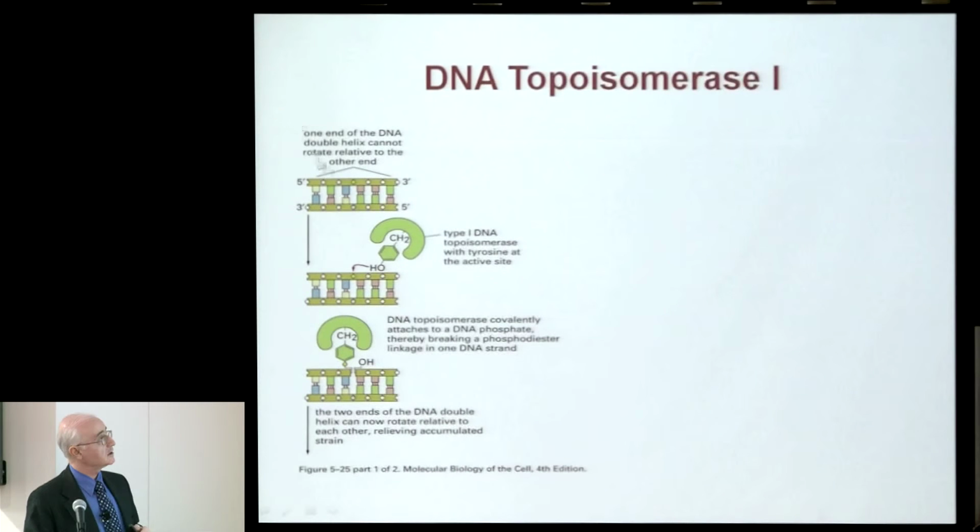And the way it works is very, very simple. This is a normal single-strand DNA. Usually topoisomerase 1 comes here. This is the serine part of the amino acid. It usually comes and attacks here, breaking these two.